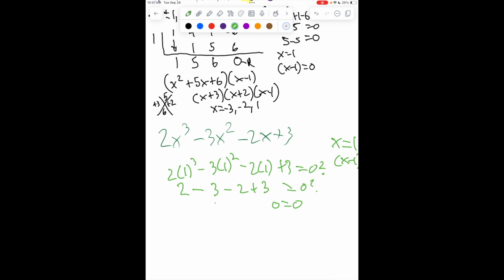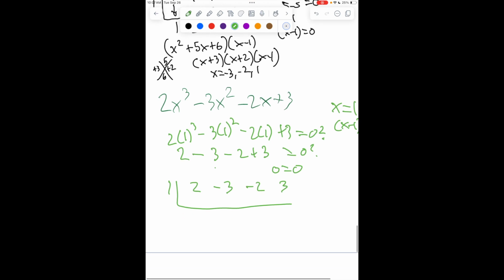So I'm going to go about using synthetic division again. Setting it up, 2, negative 3, negative 2, 3.